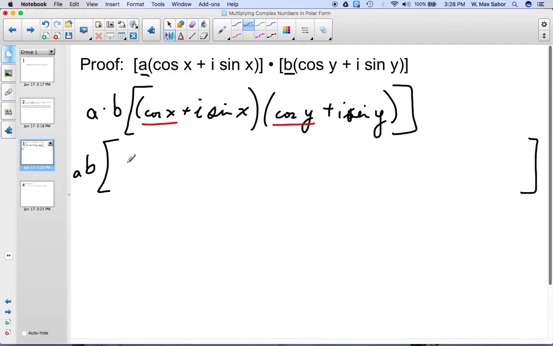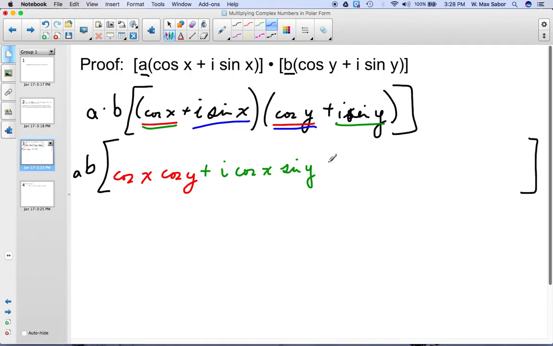Cosine x times cosine y, cosine times i sine becomes i cosine x sine y, i sine x times cosine y becomes i sine x cosine y, and i sine x times i sine y. i times i becomes -1, and then sine x times sine y.